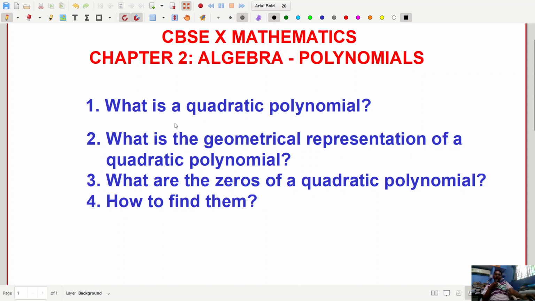We will recall what a quadratic polynomial is and what its geometrical representation is. How do we represent a quadratic polynomial geometrically? And what do we mean by zeros of a quadratic polynomial, and how to find them? These are the 4 questions that we are going to answer in this video.